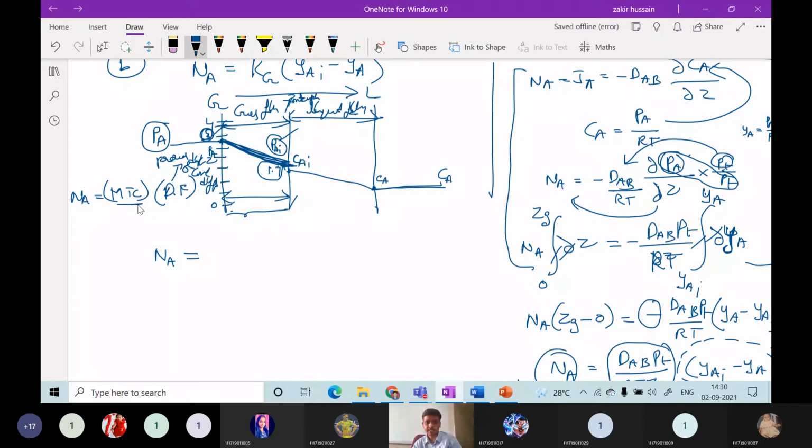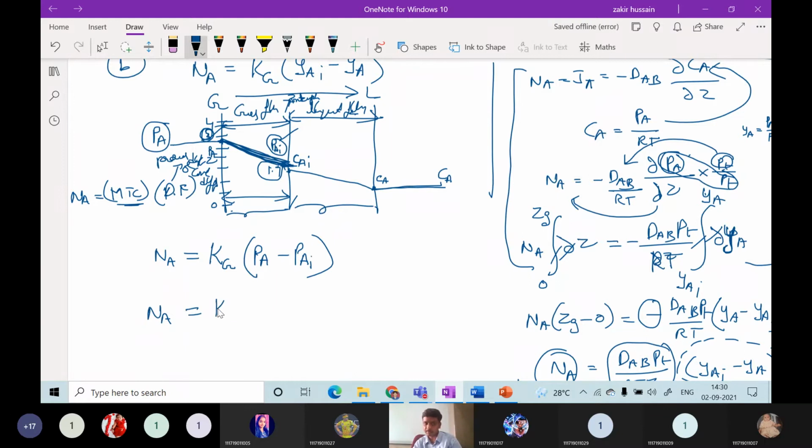Since we are writing for the gas film, an individual film, we have to write the mass transfer coefficient as kg times the driving force from higher to lower, which is PA minus PAI. For this liquid film, flux is equal to the mass transfer coefficient for the liquid phase.